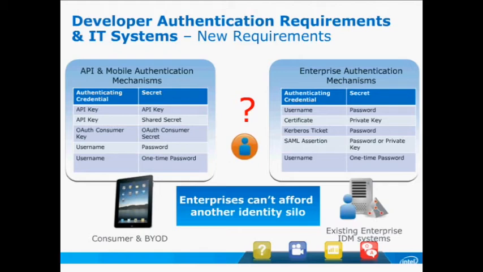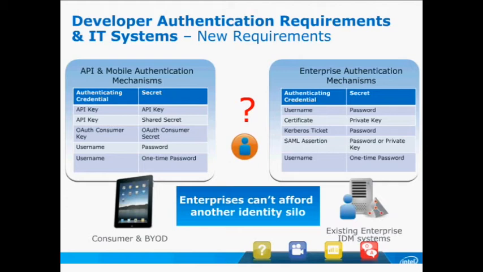And enterprises also aren't ready to deploy API keys and OAuth and some of these more modern types of web service authentication mechanisms inside their data center. I suspect that in 10 years we may be there.